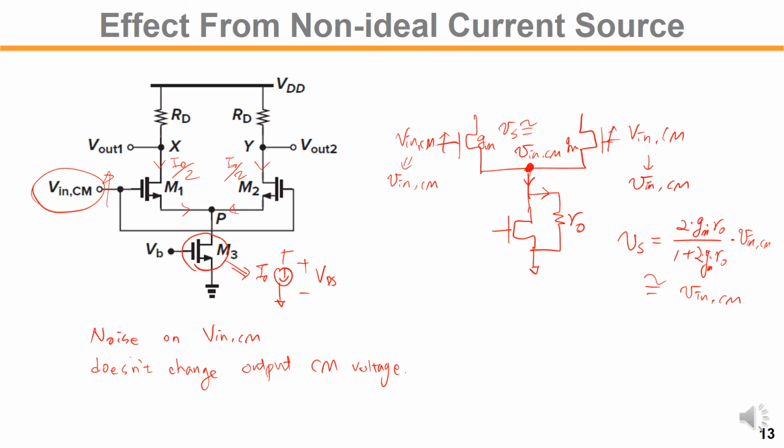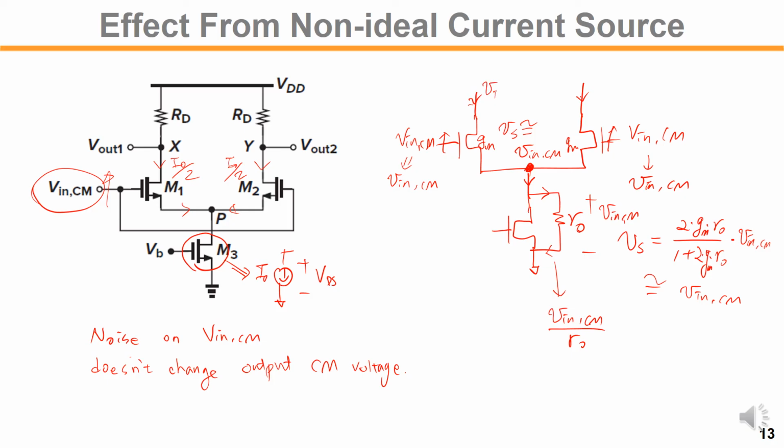That means the voltage variation, how much will that be? V_in,CM, right? Such a voltage variation will cause the current variation, how much? V_in,CM over RO. So such current variation will be split into two branches.